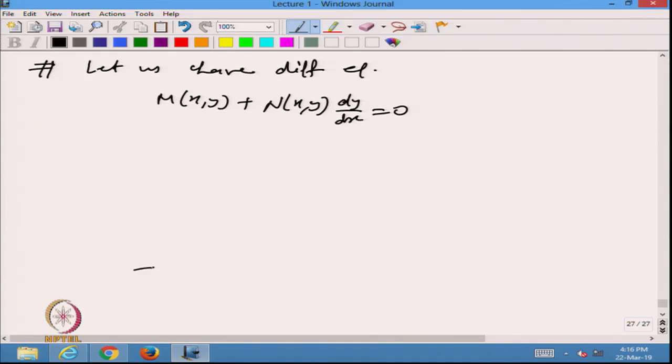Now, let there exist a function phi(x, y) such that d/dx of phi(x, y) is equal to 0.